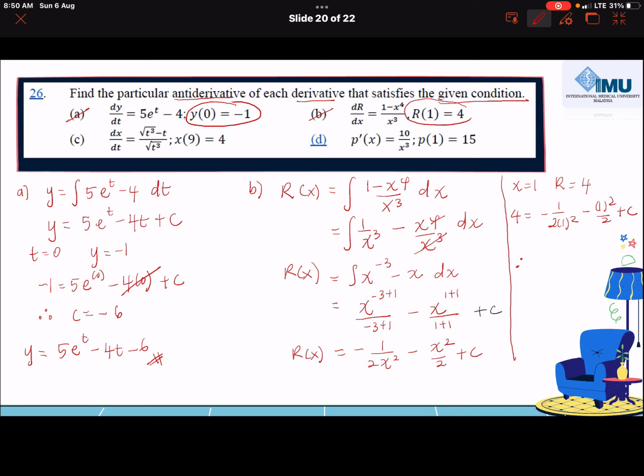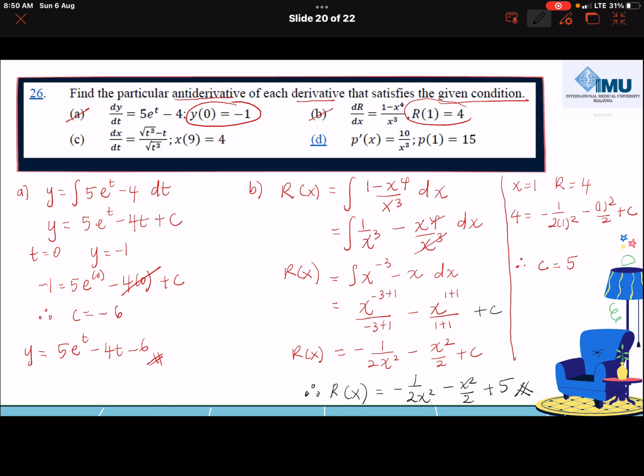At the end of the day, you will obtain c equals 5. Now you can rewrite your final answer of r(x) as -1 over 2x squared minus x squared over 2 plus 5. That's the answer for part B.